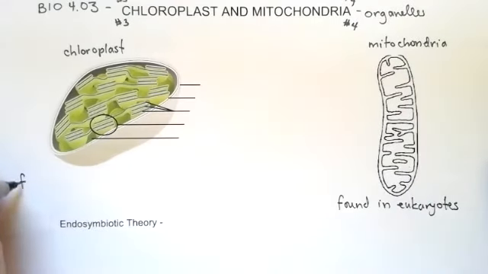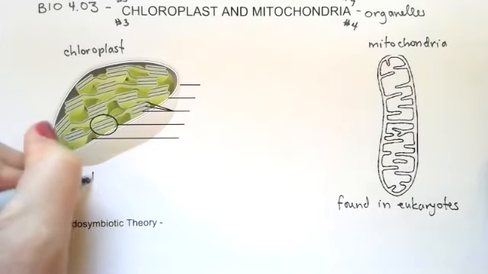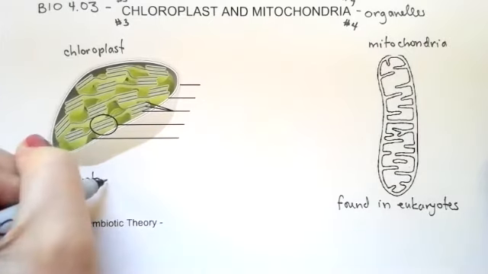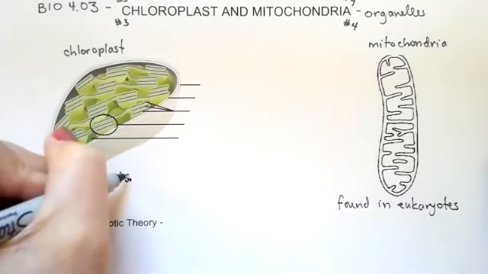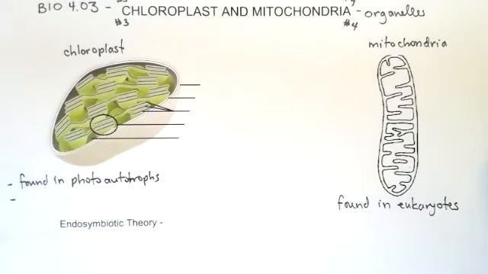Chloroplasts are found in photoautotrophs. And the chloroplast is what allows the photoautotrophs to turn sunlight, carbon dioxide, and water into glucose, which is pretty incredible.